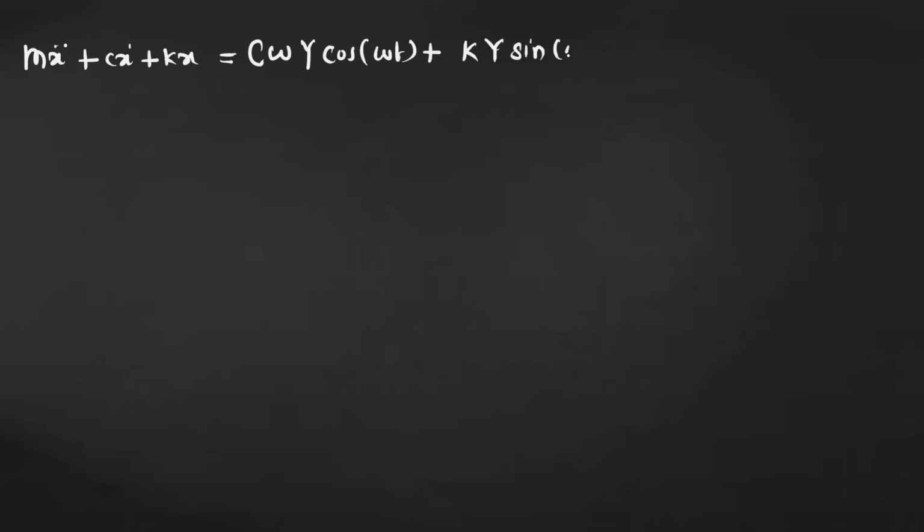So we will get the equation as m x double dot plus c x dot plus k x is equal to c omega capital Y cos omega t plus k Y sin omega t. Okay. So you can take capital Y common. So in bracket, it is c omega cos omega t plus k sin omega t.